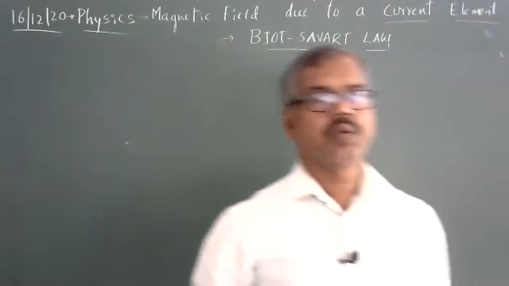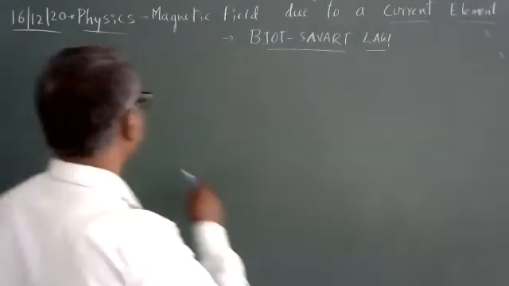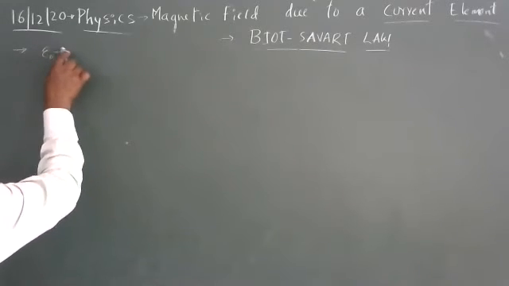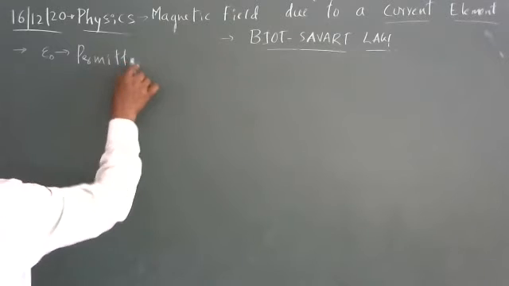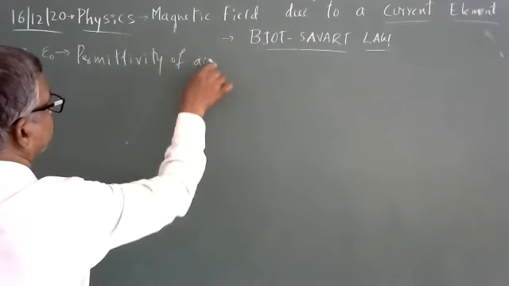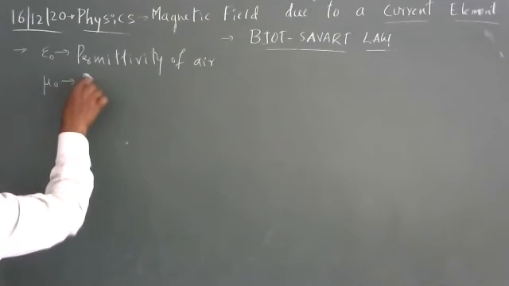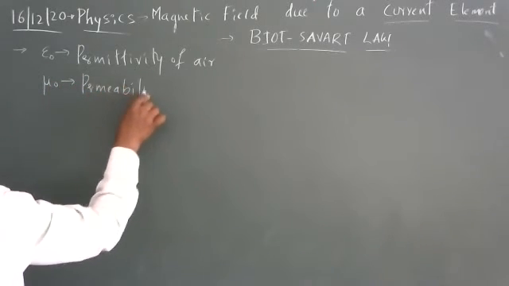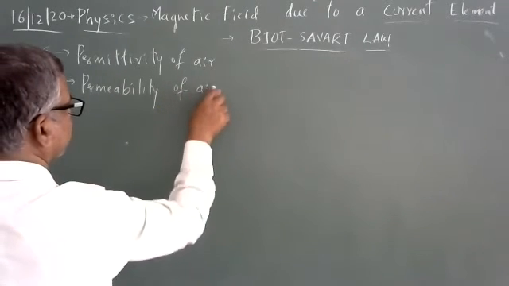We know that epsilon naught is the permittivity of air and mu naught is the permeability of air.